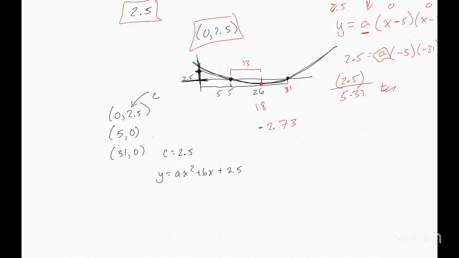One of them is when I plug in 5: 0 equals a times 5 squared plus 5b plus 2.5. And the other one is going to be 0 equals a times 31 squared plus 31b plus 2.5. And then you can solve the system of equations.